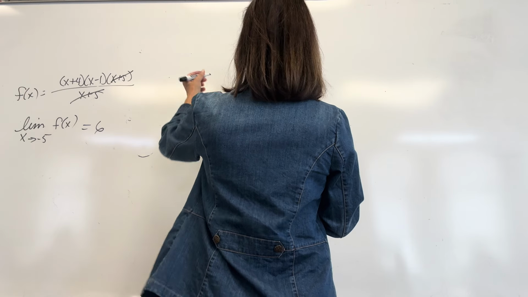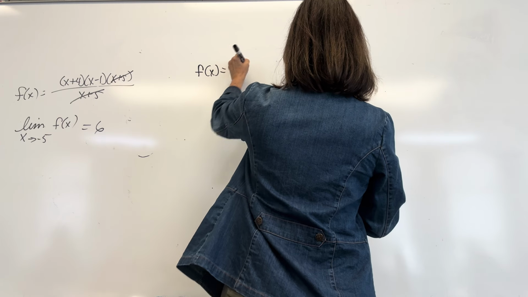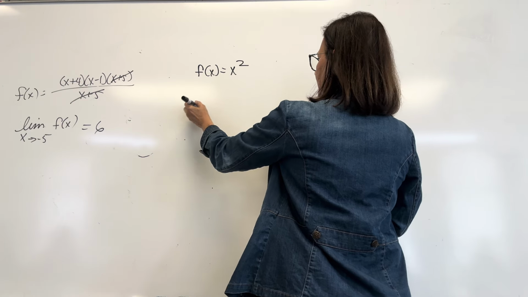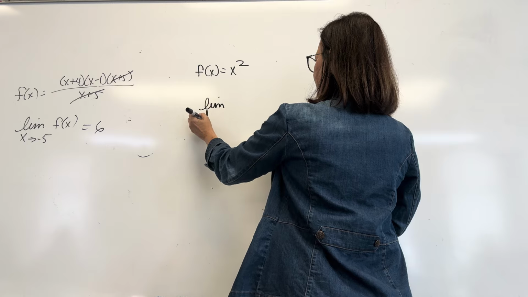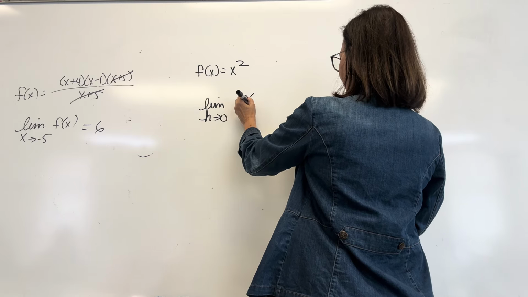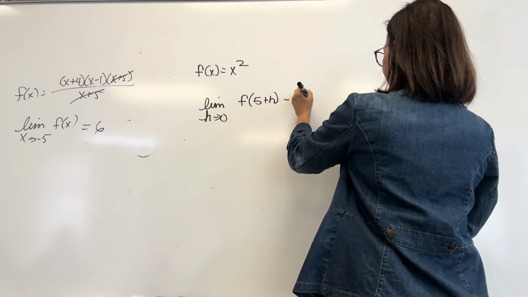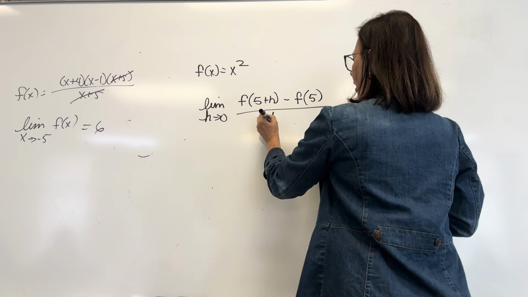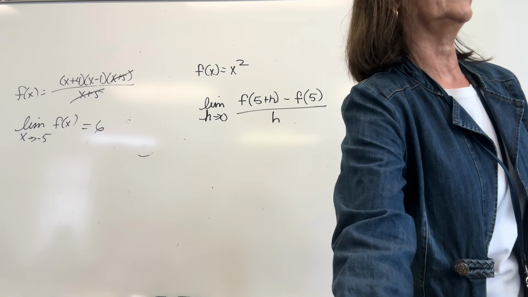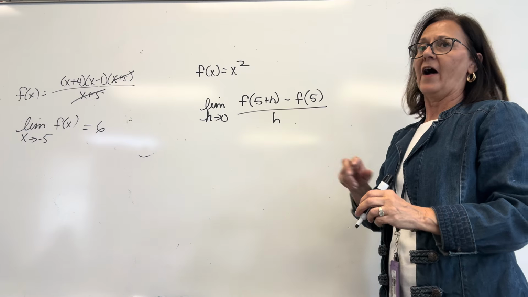All right, here's our function. Our function is f of x is x squared, and it wants us to find the limit as h approaches 0 of f of 5 plus h minus f of 5 all over h. All right, what's f of 5 plus h?